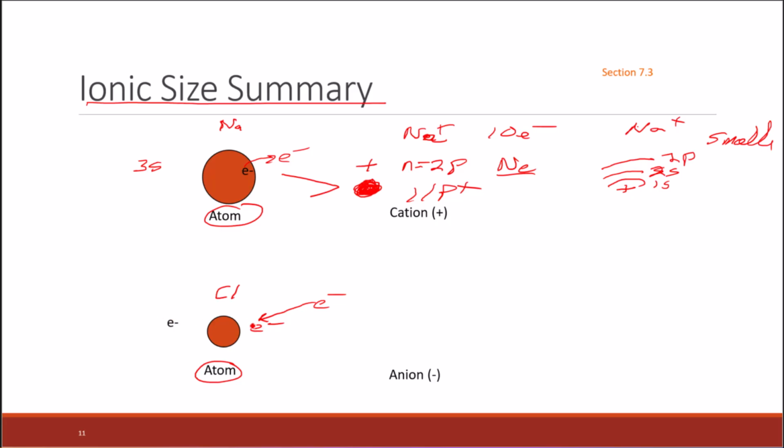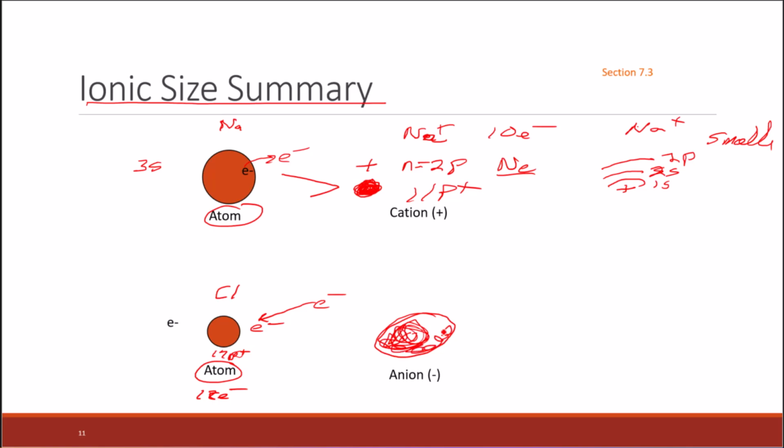Now you have a little bit of electron-electron repulsion here, and also you've got 17 protons down here pulling, and now there are 18 electrons. Those 17 protons are having to pull on 18 electrons instead of just 17 electrons. And so if I were to visually represent that, I would say that the anion is bigger.